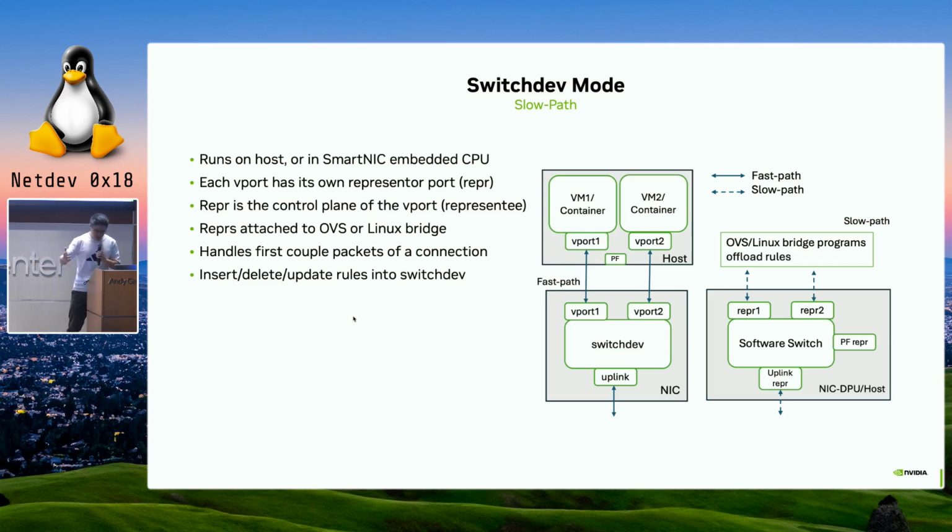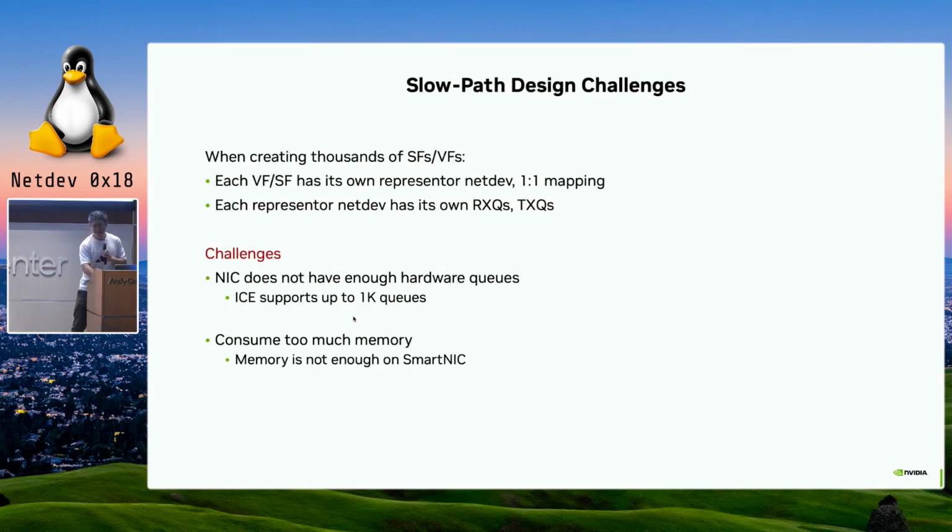And today we are going to talk about the slow path part. So we have these challenges. Right now we want to create thousands of SFs or thousands of VFs. And when we create thousands of SFs, based on the previous model, we need thousands of representor netdevs, which is also a netdev, but it's the slow path part of the SF or VF.